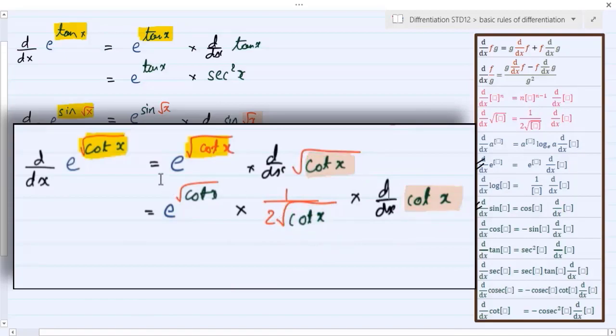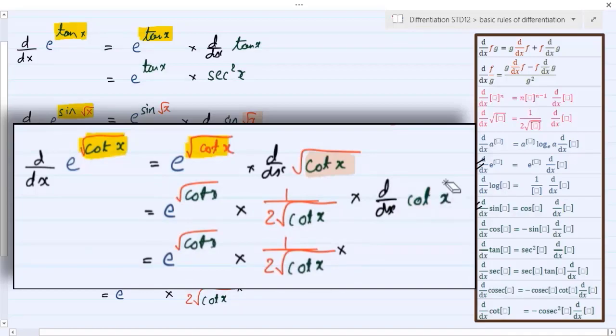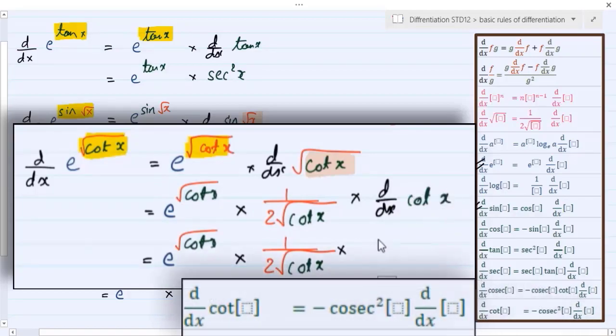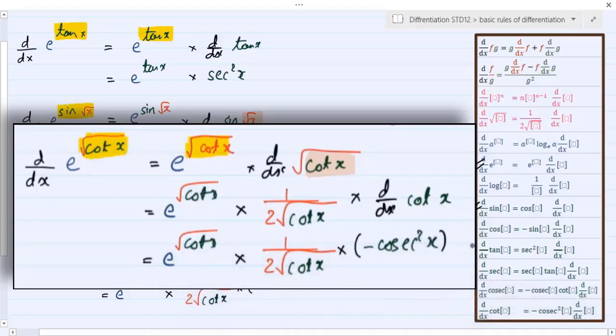So now your e raised to root cot x into 1 upon 2 root cot x will be as it is, and just focus on differentiation of cot x, which is minus cosec square x. Ta-da! You can consider this as your final answer.